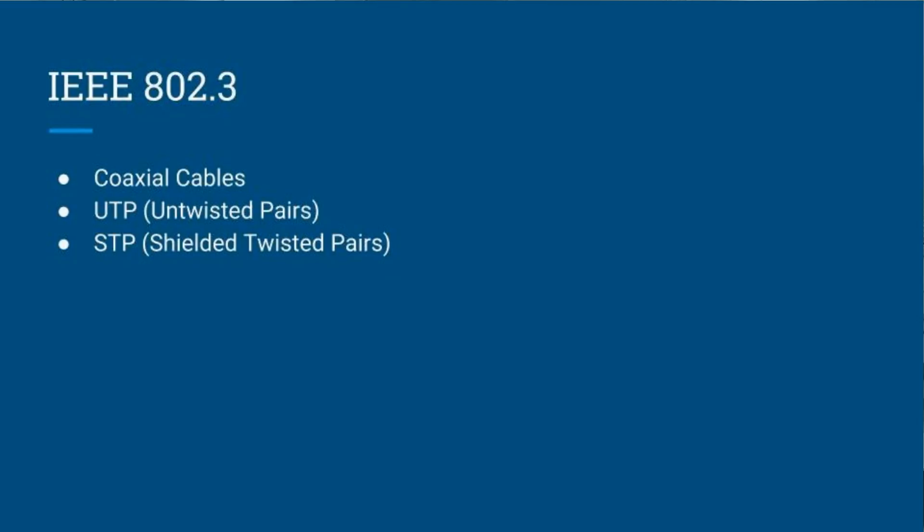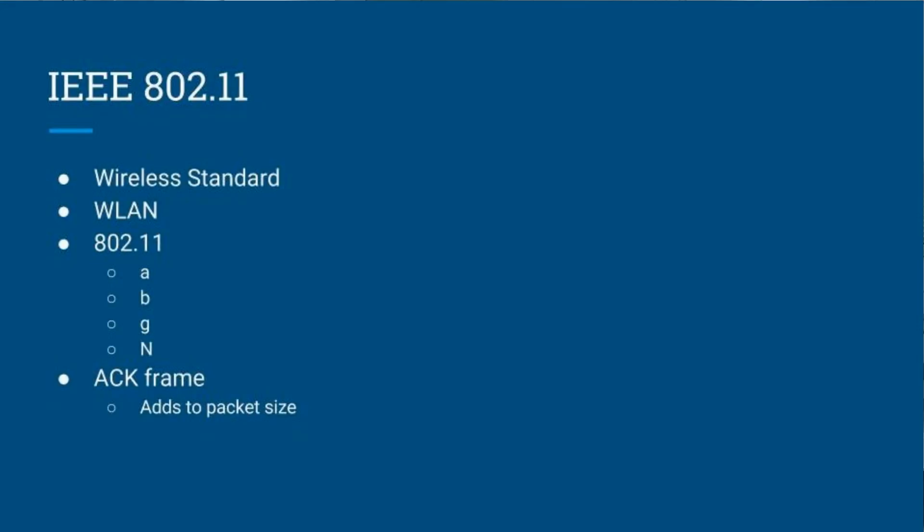The next IEEE standard is 802.11, which is wireless. This one also has carrier sense multiple access, but instead of collision detection, it uses collision avoidance, because since everything travels through the air, there is no way that collisions could be detected. Instead, they are avoided. As we all know, 802.11 has a lot of different standards. It could be A, B, G, N, or even now AC.